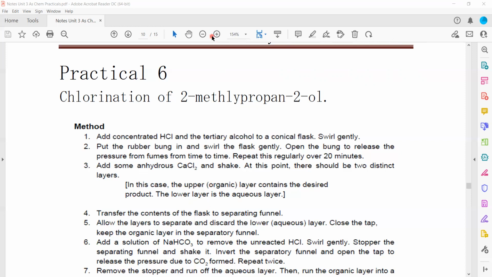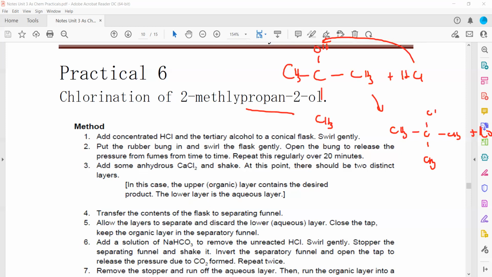Why are we saying desired product? Because when there is a reaction here, not all of this 2-methyl propanediol will convert into 2-methyl propane chloride, so it will not convert all into this one. That's why we'll have both the reactant as well as the organic product.